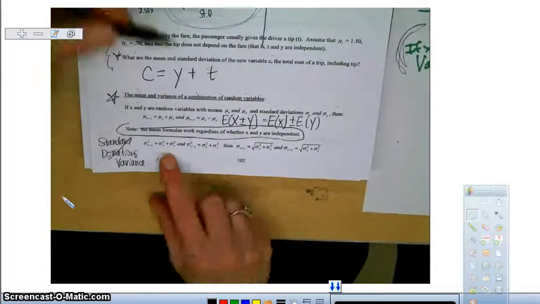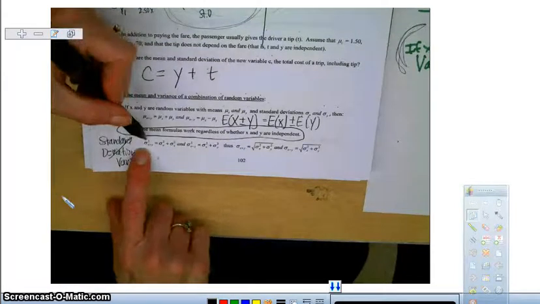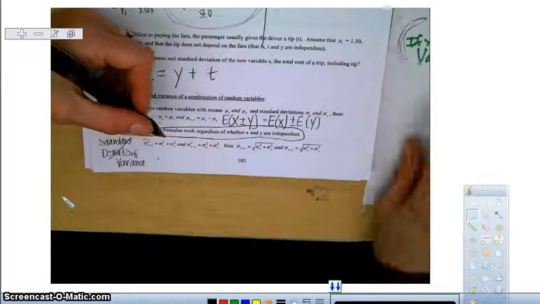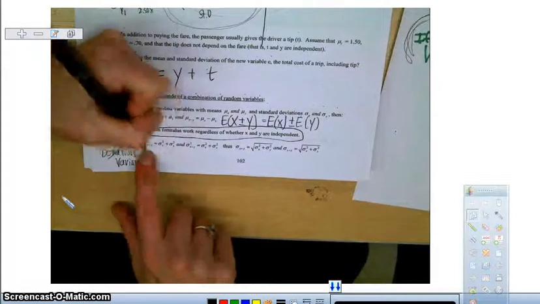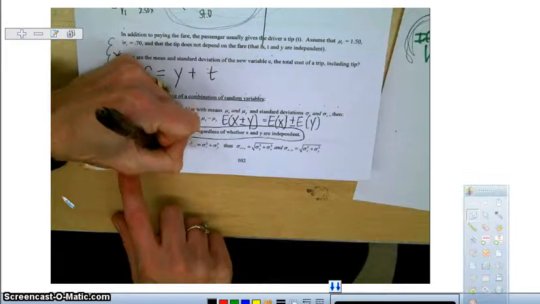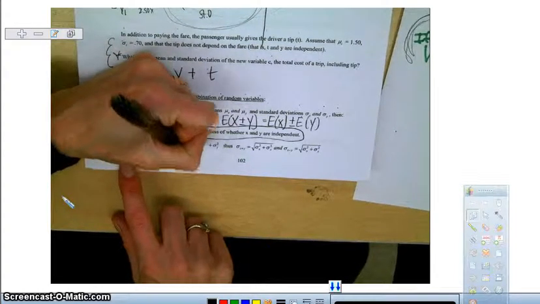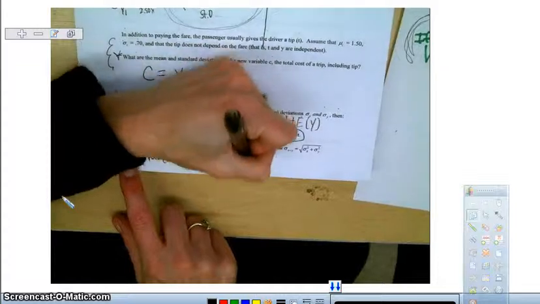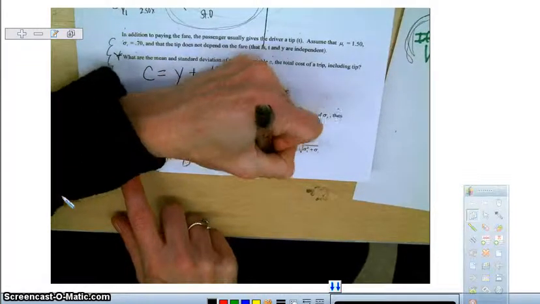But it's not really the standard deviations, because the standard deviation isn't squared, you add the variances. The book has this rule and this rule: the variance of x plus or minus y is the variance of x always plus the variance of y.